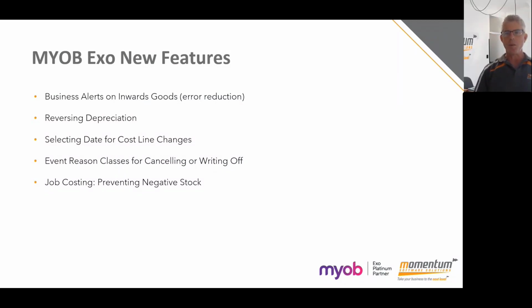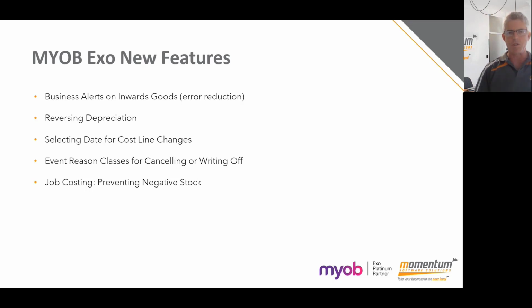Thanks, Michelle. Yeah, we're moving quickly so that we stay on track, but I thought I might just reiterate what we consider are the benefits of some of those features. So inwards goods is kind of the event in the system that books your inventory into stock, and it's a common source of error.